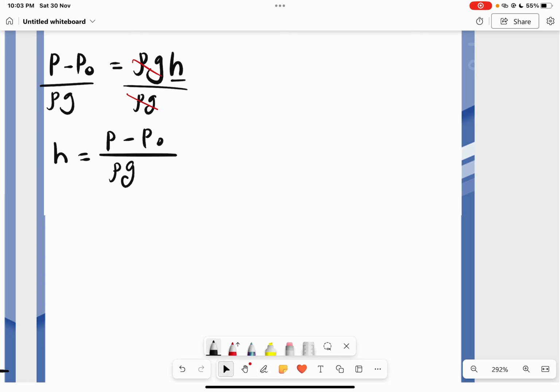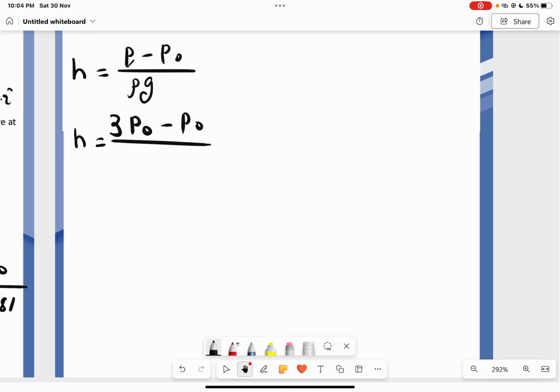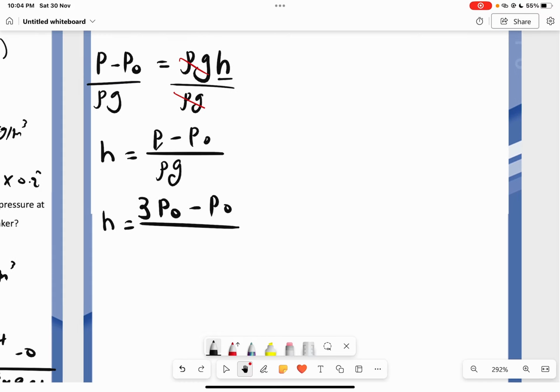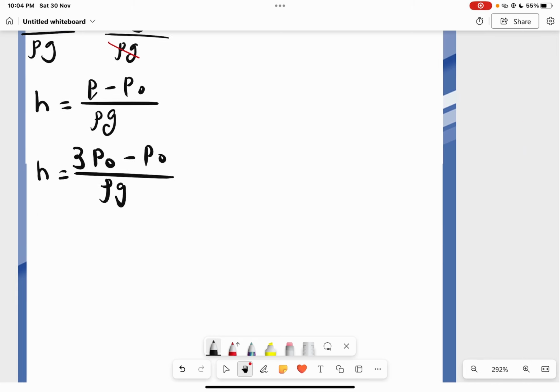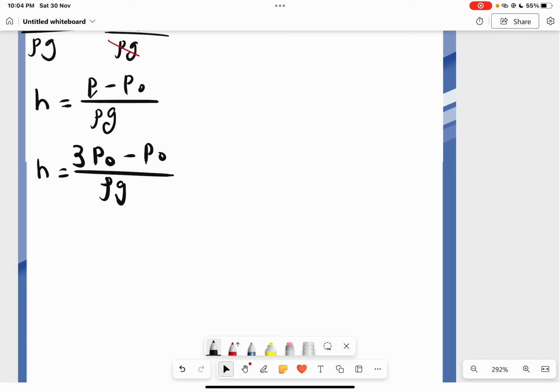Put in the givens that you have. H is equal to, now guys, you had P equal to 3P naught, minus P naught, divided by density and gravity. Now you can say that 3P naught minus P naught is 2P naught, divided by density multiplied by gravity.